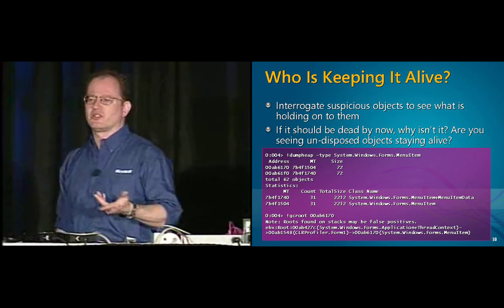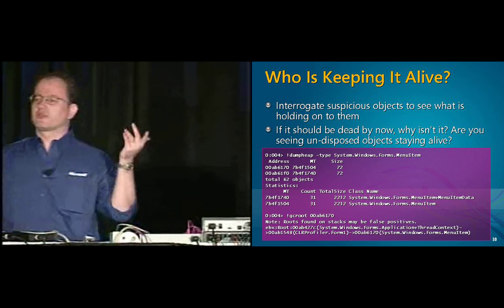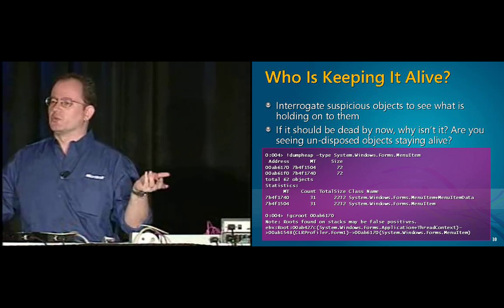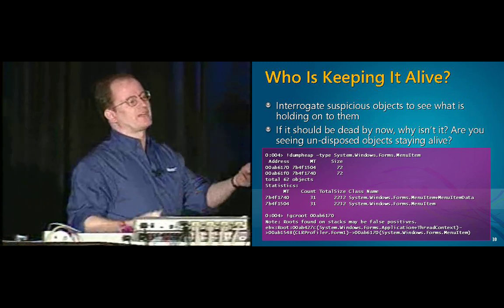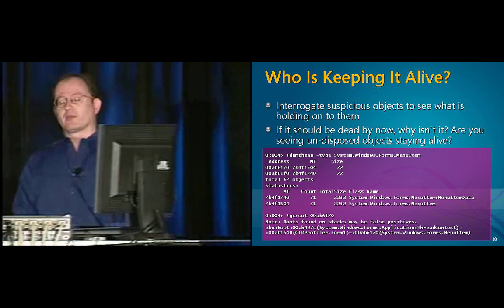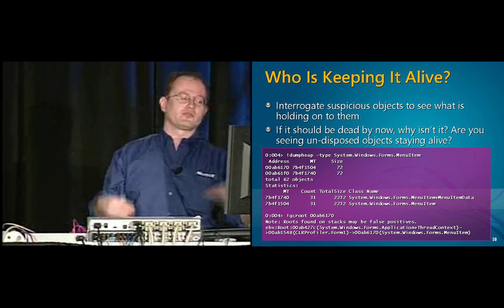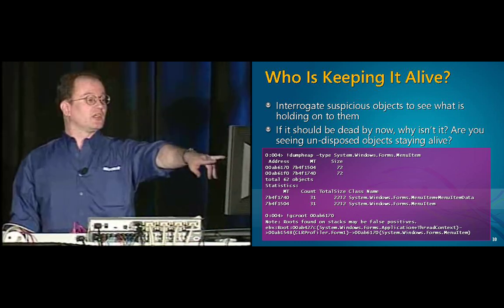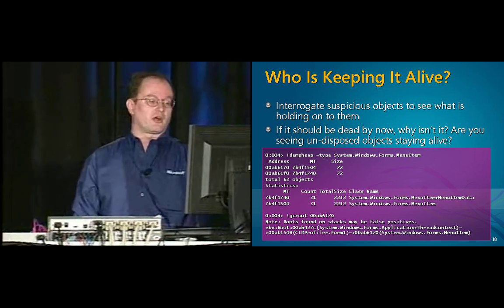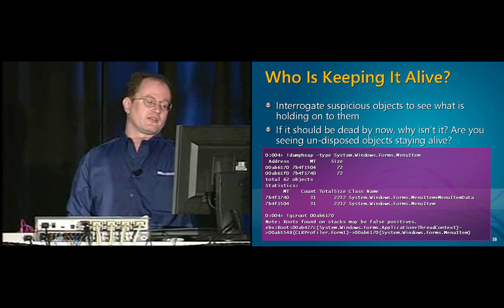Maybe there's 50 menu items, and there's only supposed to be 2. Well, this is a well-behaved application, so really there only are 2, but here they are. I went dump heap dash type system.windows.forms.menu item, and I got the address of the 2 objects that are menu items. There they are on the left.